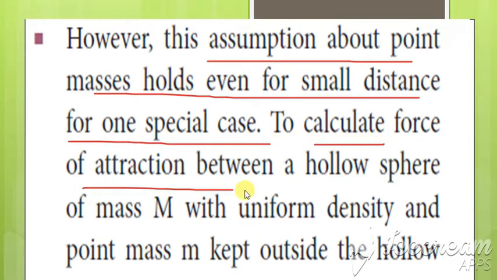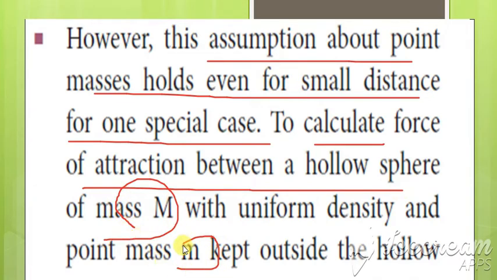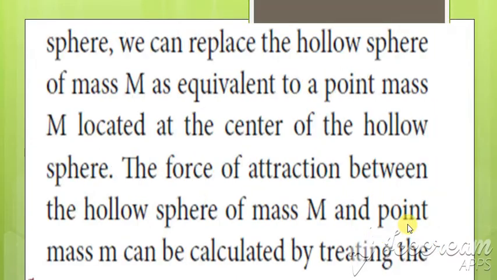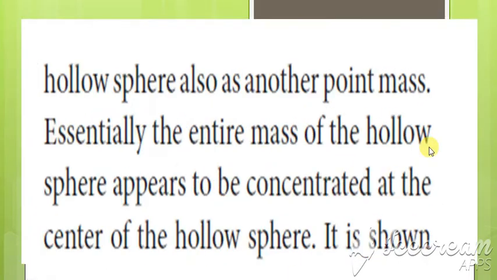To calculate the force of attraction between a hollow sphere of mass M and a small point mass m which is kept outside the hollow sphere, we can replace the hollow sphere of mass M with a point mass M at the center. The force of attraction can be found by treating the hollow sphere as another point mass.